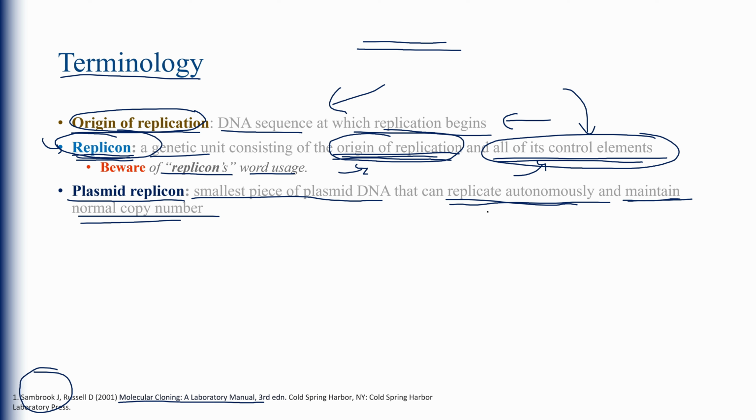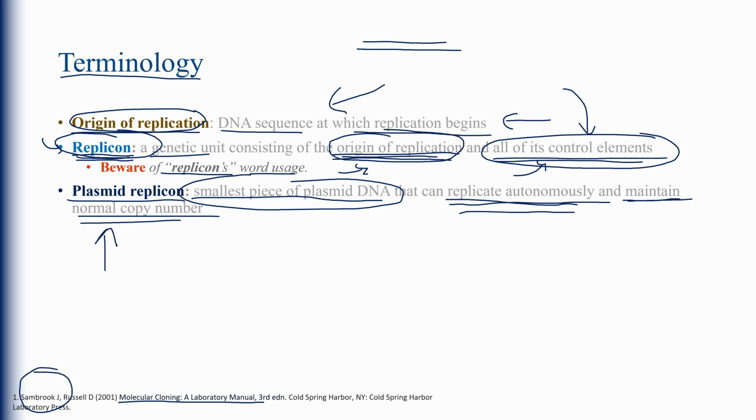But this is a very precise definition because, first of all, they say that a replicon is the smallest piece of plasmid DNA. That is, it is simply the essential region of the plasmid DNA that is required to replicate autonomously, replicate independently, but also maintain normal copy number.